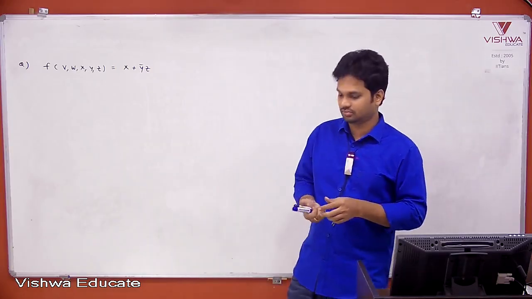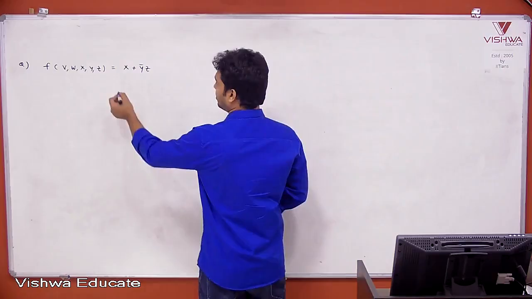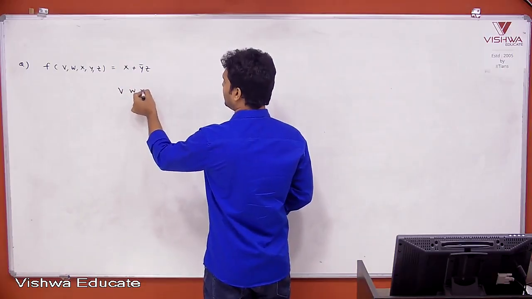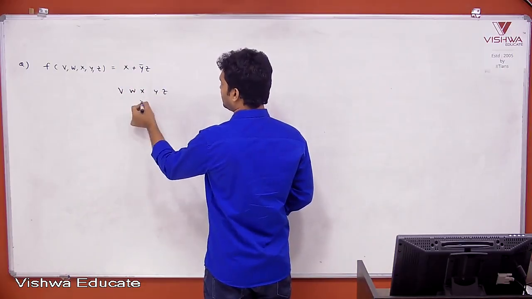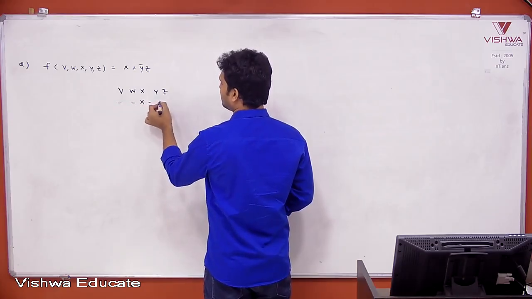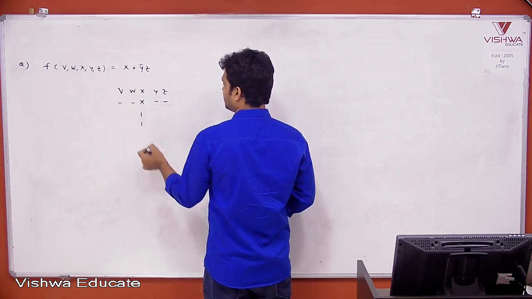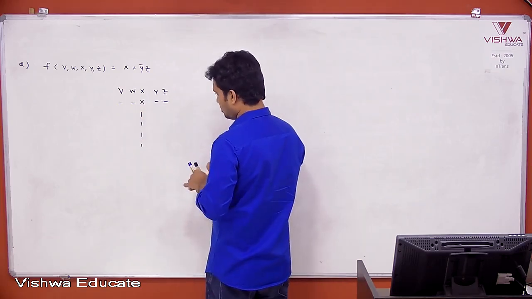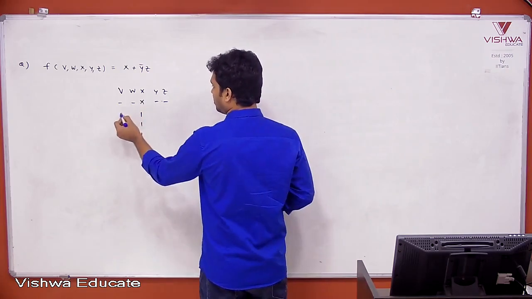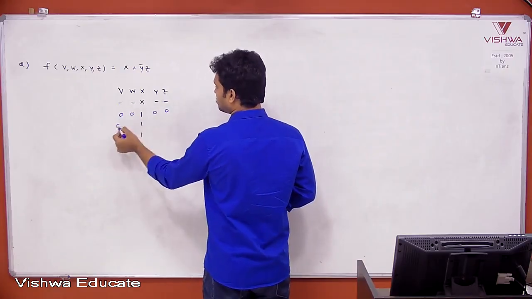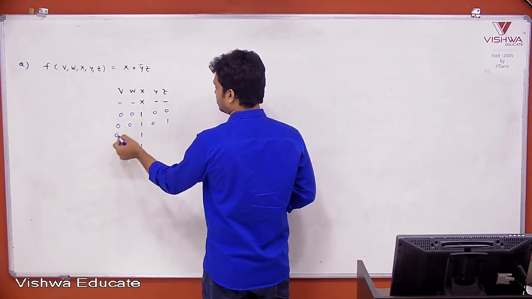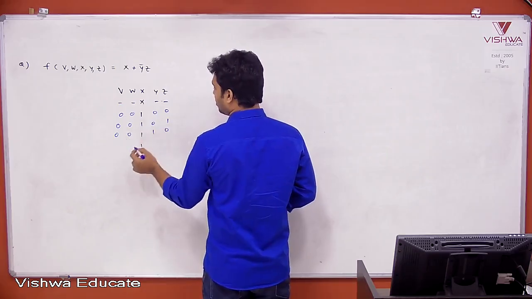Let me check. V, W, X, Y, Z. X is present, the remaining all are not present, first term. So here X must be 1. Your remaining terms can be all zeros to all ones.